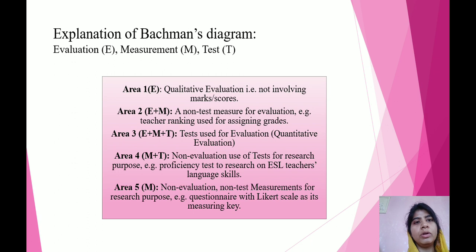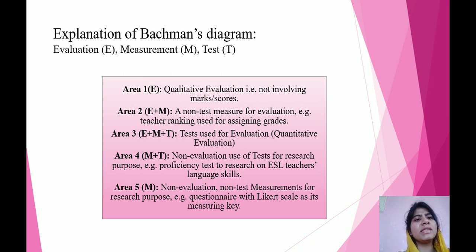I can grade you accordingly. Who can be placed first and second, third, who is not performing that well. So based on my daily observation, I'm assigning numbers to you. I'm assigning first to one of you, second to another, third to another. So that is also a kind of measurement that has come up without conducting any test. So when I'm evaluating based on that, that's area 2, evaluation and measurement.